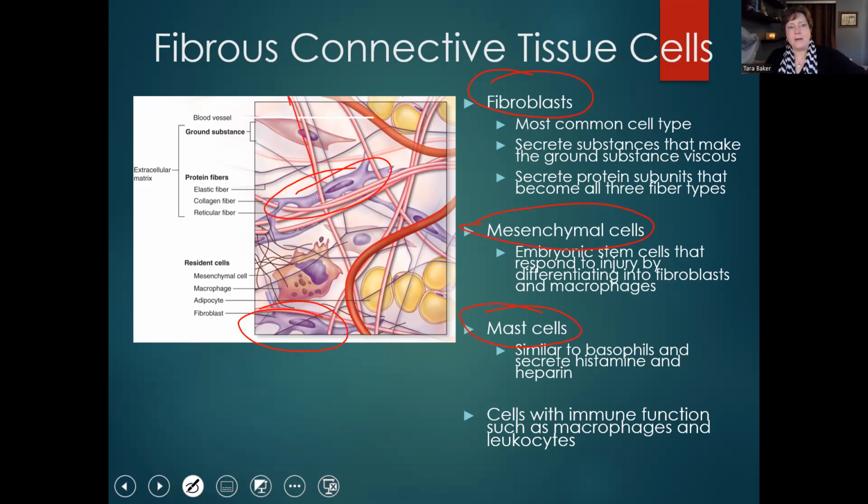So these long fibers that we see, the red ones and the orangey ones, those fibers are being produced by the fibroblasts. There are mesenchymal cells in some of the tissues, and they're going to divide and actually become fibroblasts in most cases. And then there are also the mast cells, which are not in this picture, but mast cells are going to be spread out, just dotting throughout the entire connective tissue.